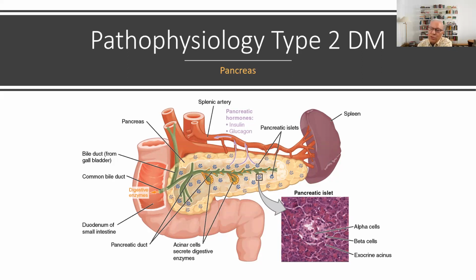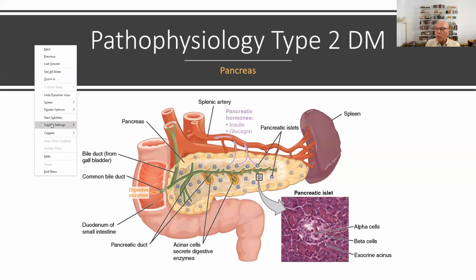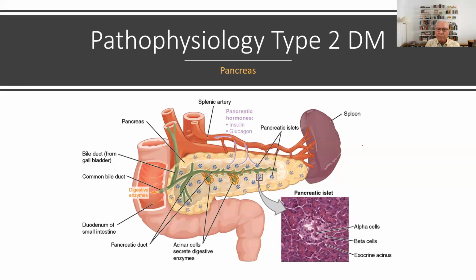So there are two things that are going to be released from these pancreatic islets: either glucagon or insulin. So what is the role of glucagon? Well, glucagon plays a very important role in blood glucose regulation because whenever there is a decrease in blood glucose levels, glucagon is going to be released.